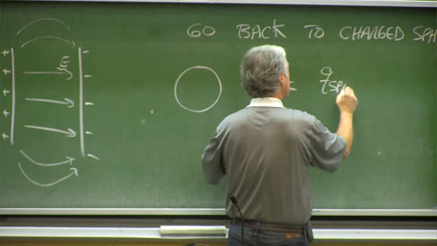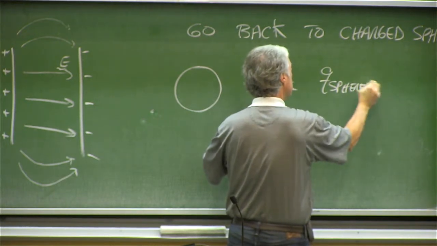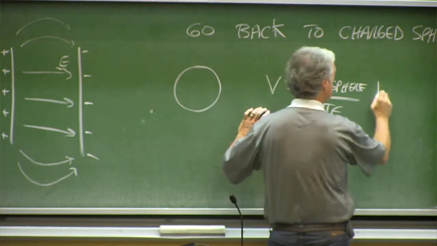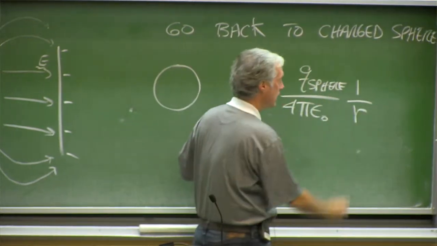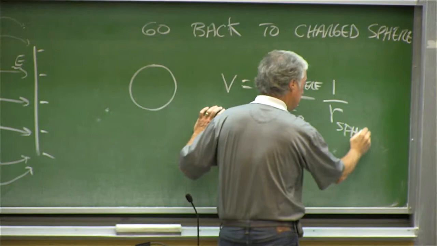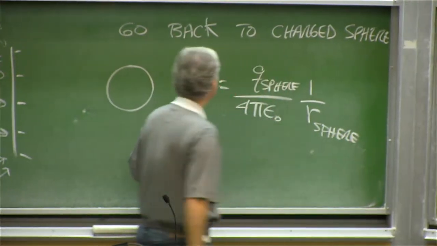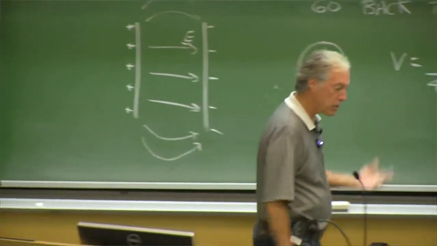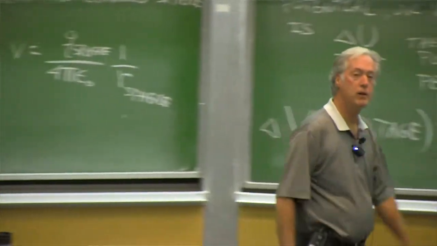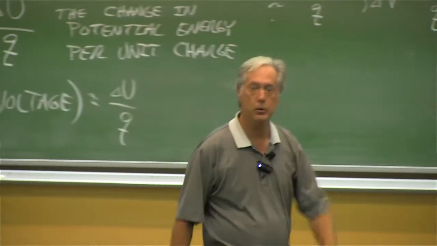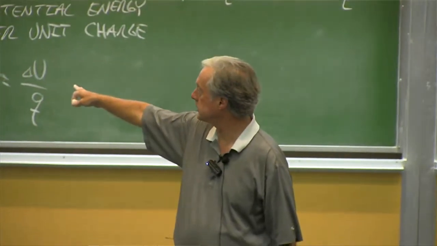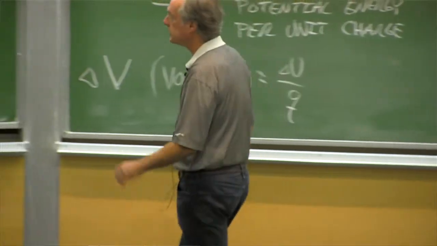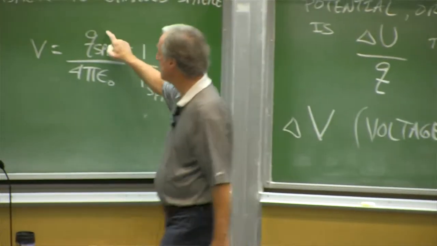Q on the sphere divided by 4 pi epsilon naught, 1 over r of the sphere. And that's by accepting the definition that I gave you that we would arbitrarily take r equal infinity to have V equals 0. So this is how much it's changed coming from infinity. The work per charge would be this much.